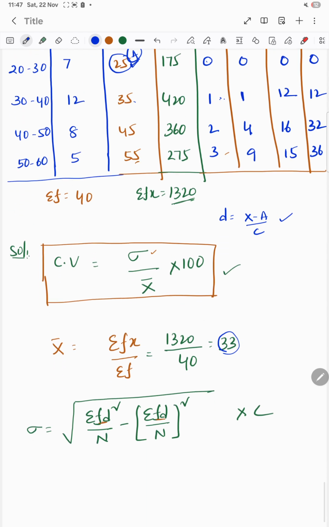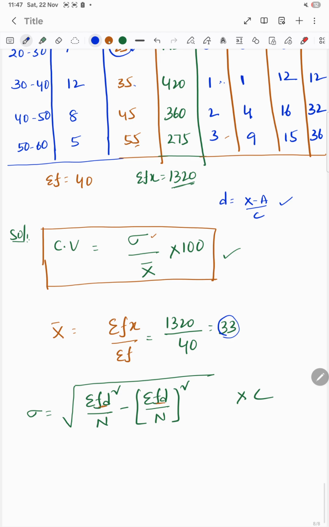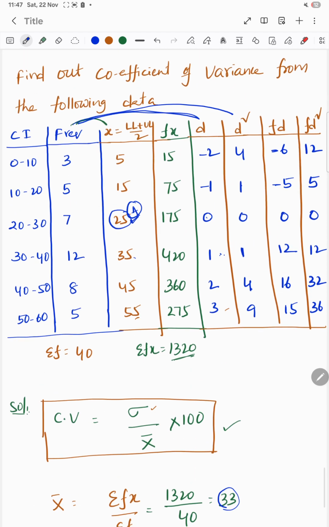But as per this formula, we want the sum of f into d, summation of fd, and summation of fd square. So we need to add all these fd values. After that we need to get all the fd square values.